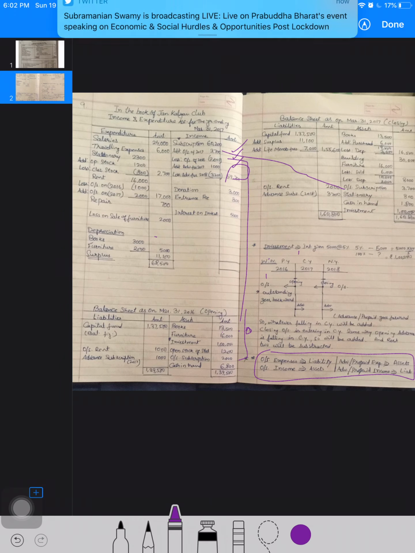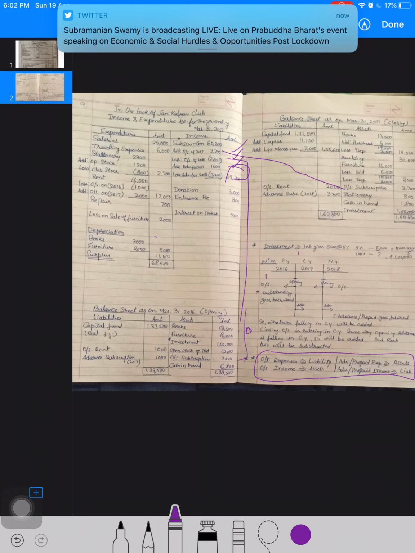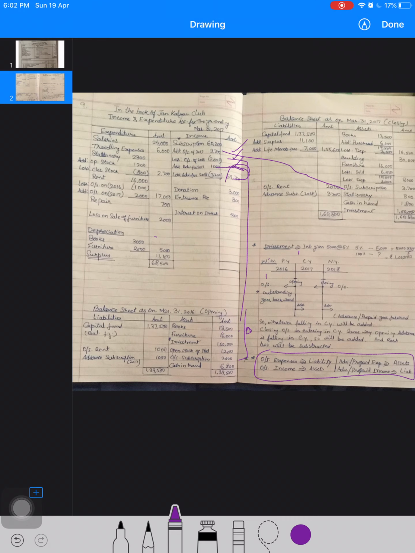Same for advance for 2017, this was advance given for next year, so this will come here, and for 2018 will come here. So this way you have to keep on posting the entries. Same way for rent also, outstanding for previous year you will reduce it, you will subtract it, and for this year you will add it.